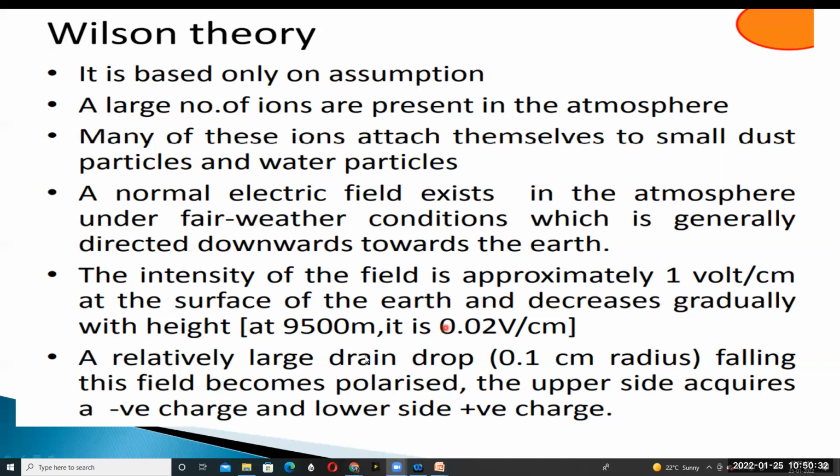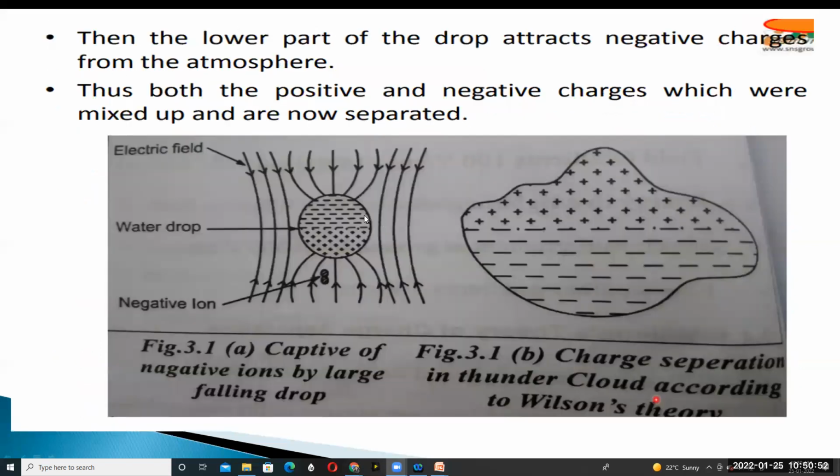Relatively large raindrops of 0.1 centimeter radius fall through the field and become polarized. The upper side acquires negative charge and the lower side acquires positive charge, like this.